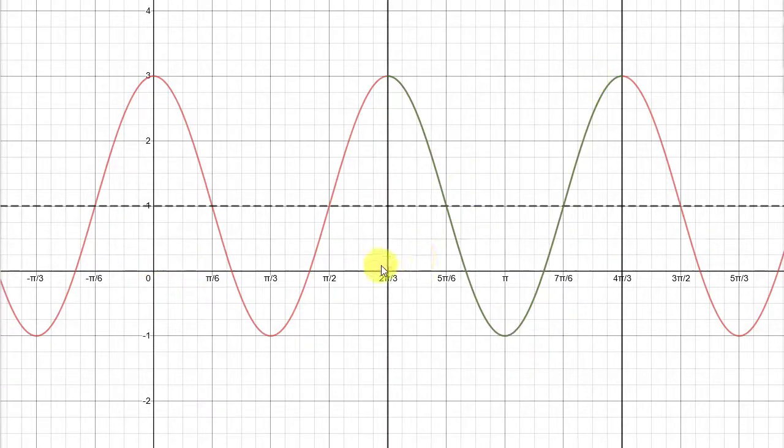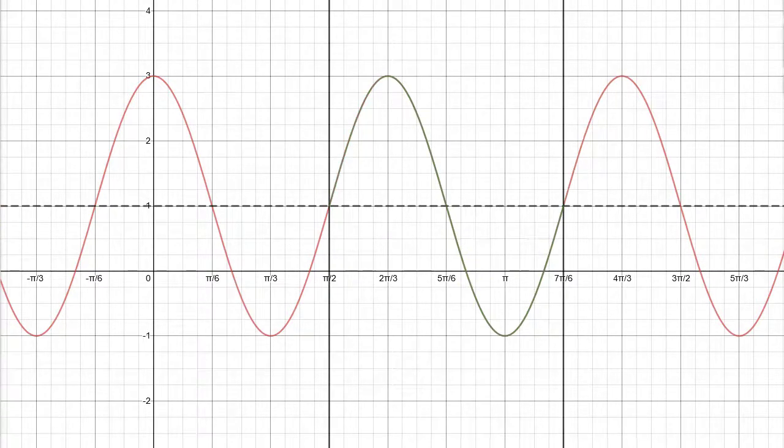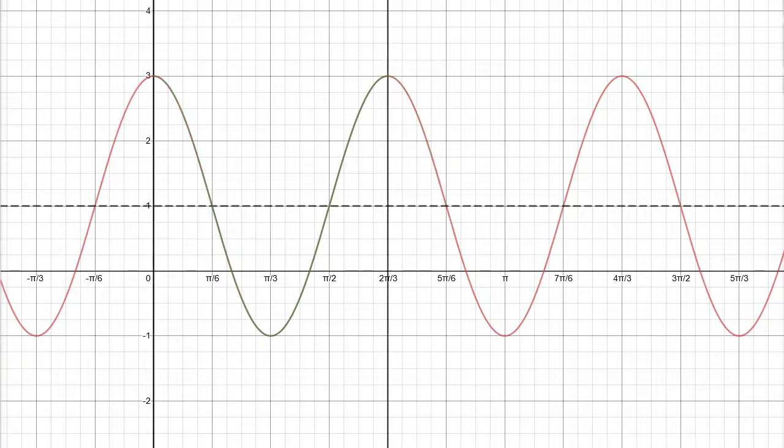For myself, I feel it is most natural to pick the interval where my start is closest to the y-axis. So in this case, I choose the interval from 0 to 2 pi over 3 to be the base unit of my cosine function.